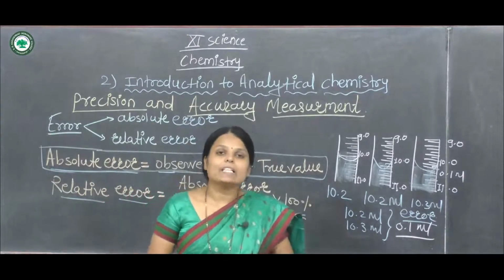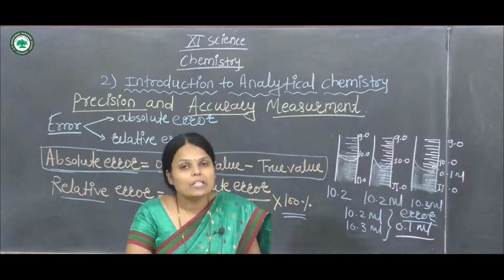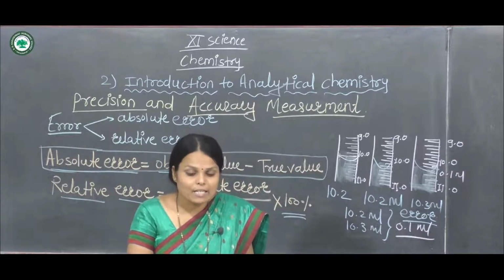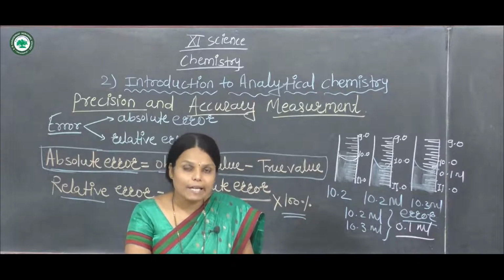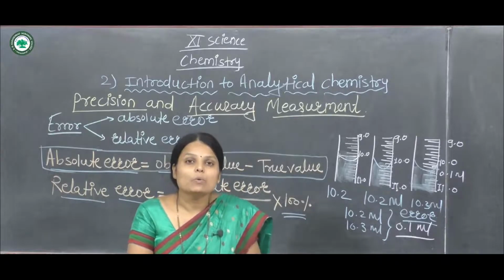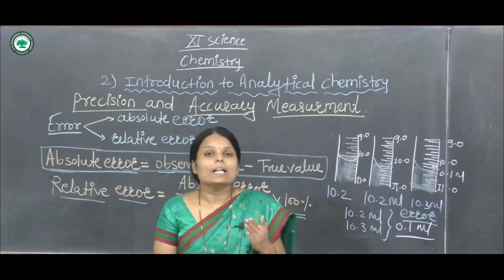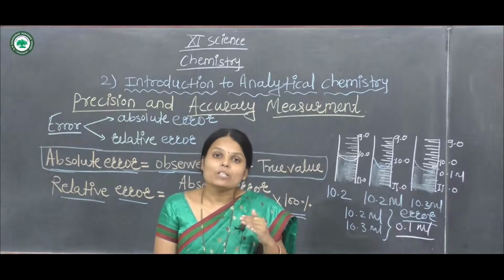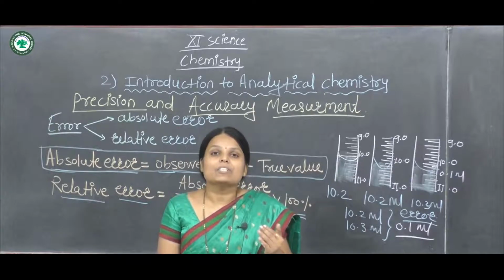The next point is precision. Precision means multiple readings of the same quantity are noted to minimize the error. The more the error is minimized, the more precise the value.